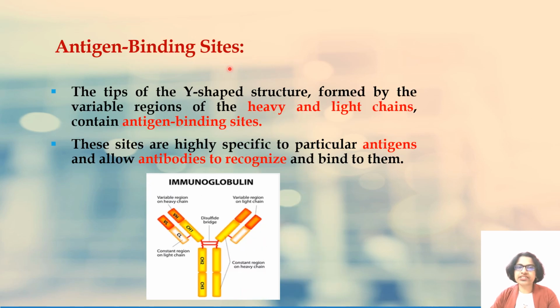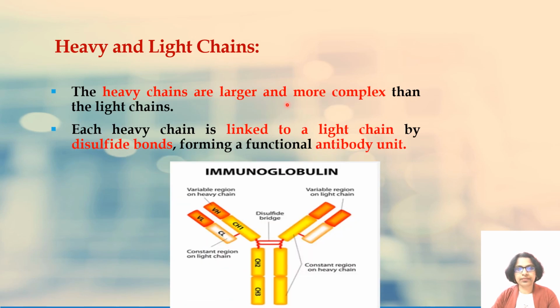The antigen binding sites are at the tips of the Y-shaped structure, formed by the variable regions of the heavy and light chains. These sites are highly specific to particular antigens and allow antibodies to recognize and bind to them.